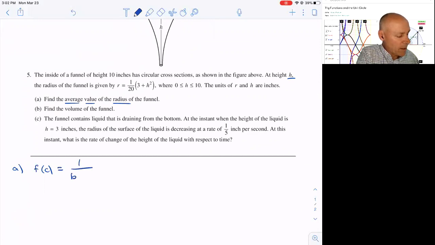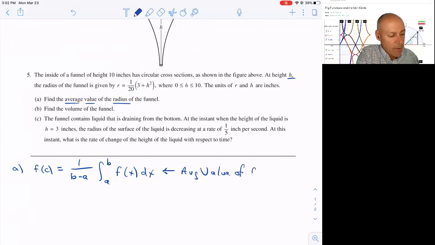is equal to 1 over b minus a times the definite integral from a to b of f of x dx. And that gives us the average value of f of x on the closed interval from a to b. Okay, so that's kind of like the formula that we're going to go with.